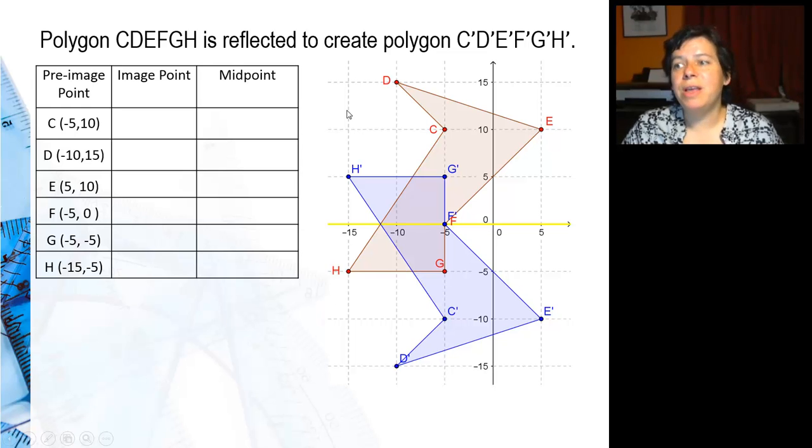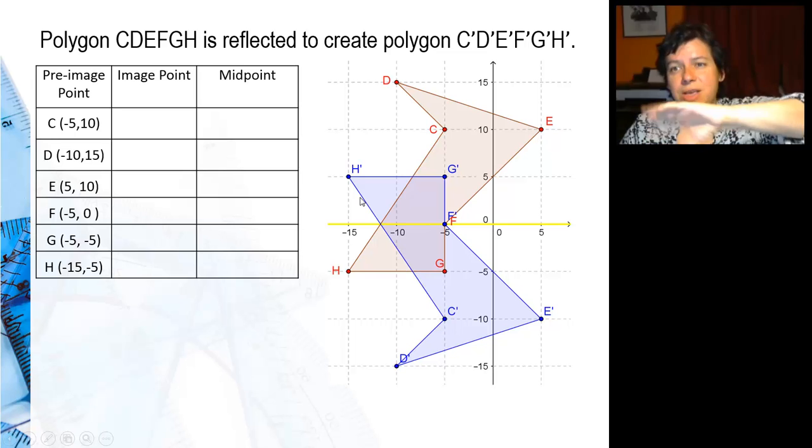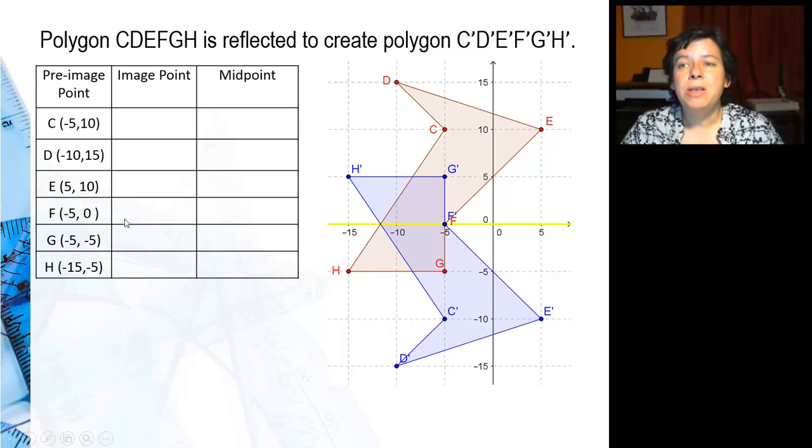Let's go ahead and look at a reflection vertically, where we're reflecting across the x-axis now. So you can see I've got my image points here, and I filled in my pre-image points are here, and my image points I filled in, and then the midpoint. So we went from C, negative 5, 10, to C prime, negative 5, negative 10, and the point halfway is at negative 5, 0.